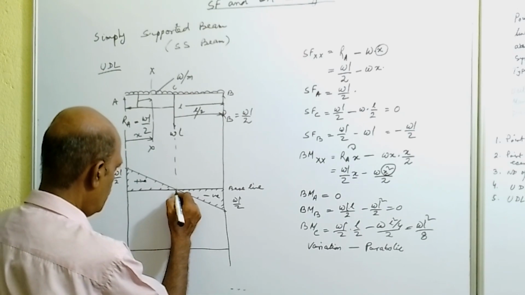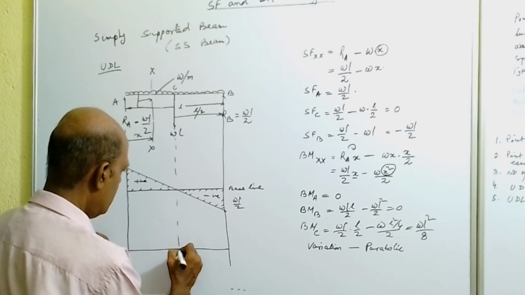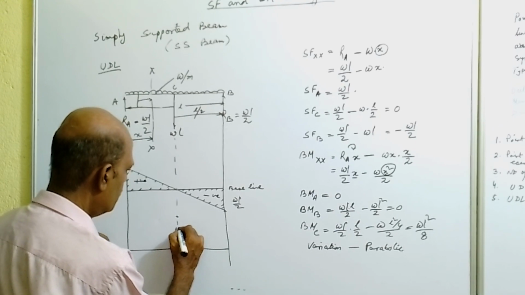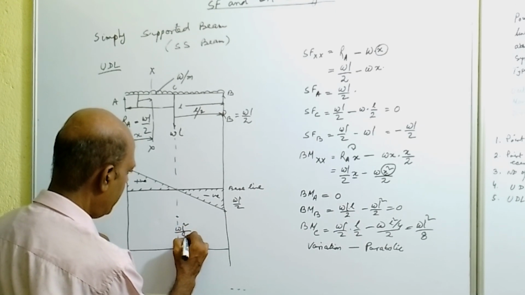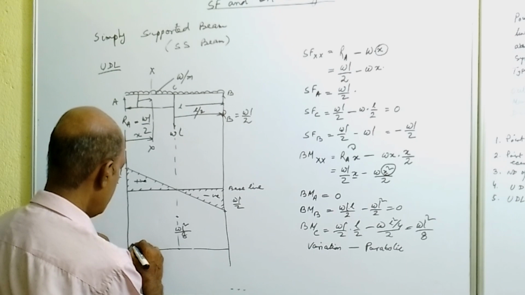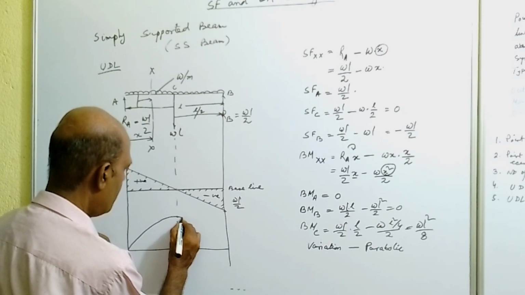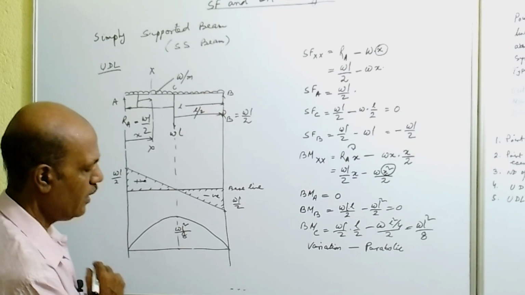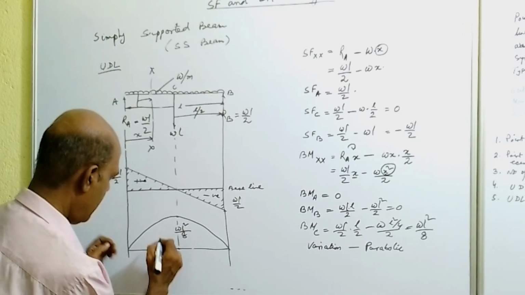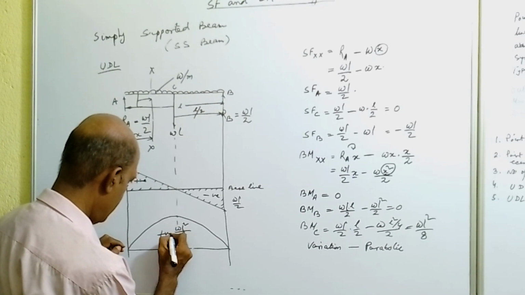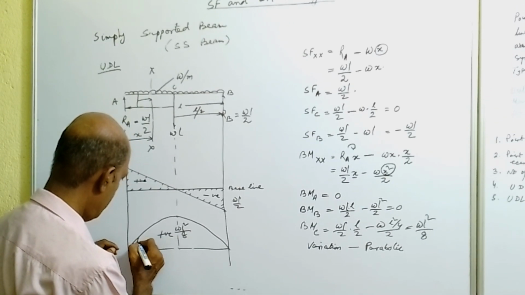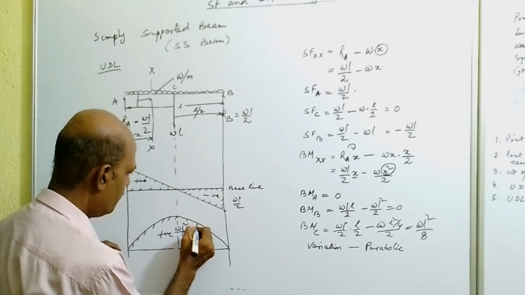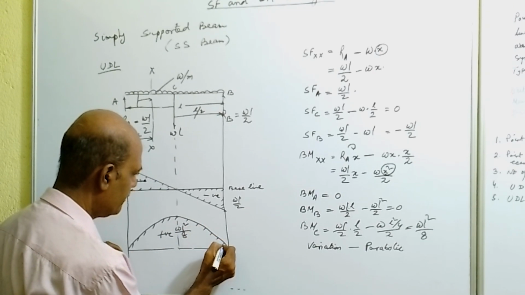So at the center, at this point you measure this height with some suitable scale, that is WL square by 8, and draw an approximate parabola. Okay, so this is a parabolic curve, and you have to write here positive because the bending moment is positive, and put the hatching marks.